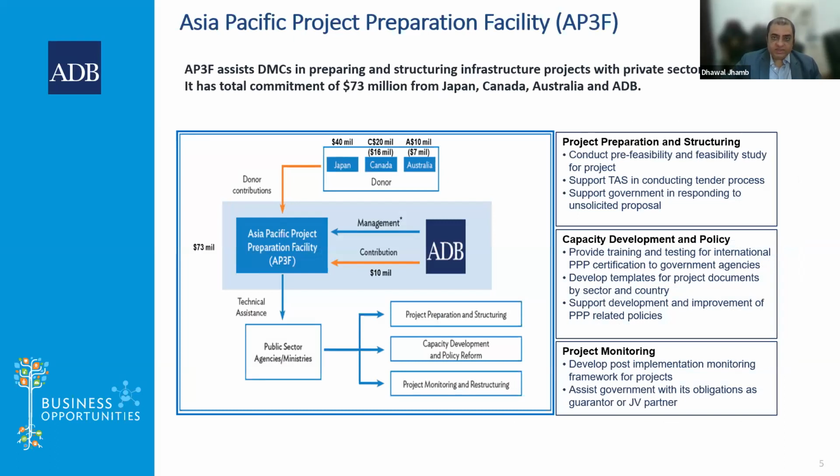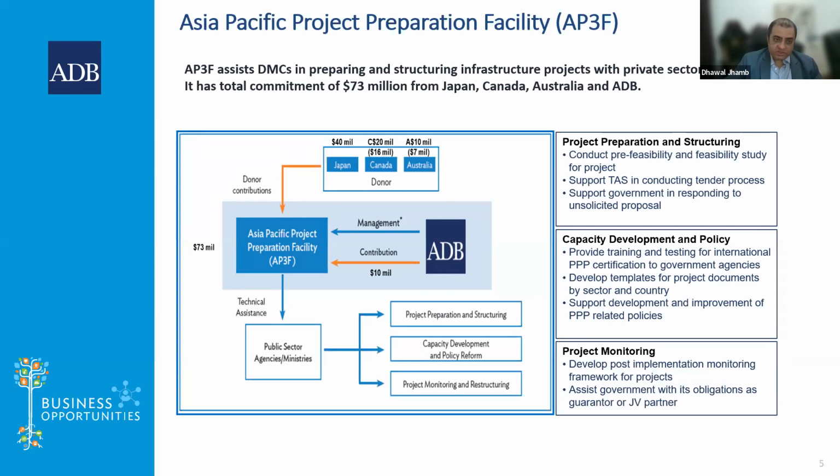So as we see in this slide, first talking about Asia Pacific Project Preparation Facility, AP3F. This is a pool of funds, a trust fund, which has been dedicated for PPPs and for private sector participation. The main donors are Government of Japan, Canada, Australia, and ADB has also put in a contribution.